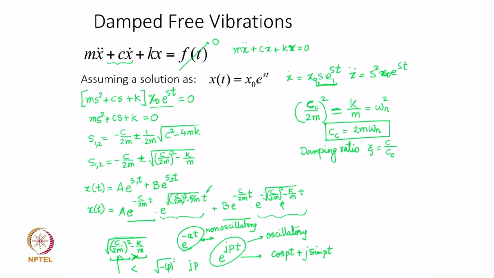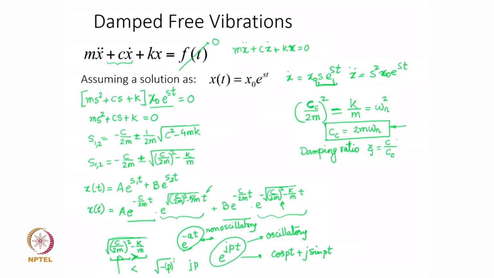So, it is basically a normalized damping of the system. Normalized why? Normalized with respect to Cc. You may notice that for a given system, this critical damping coefficient is a function of the system parameters like m, k. So, for a given system Cc is fixed, it is a constant value.